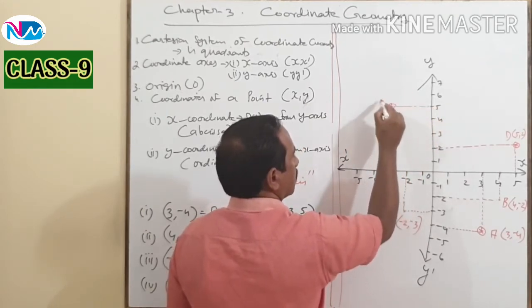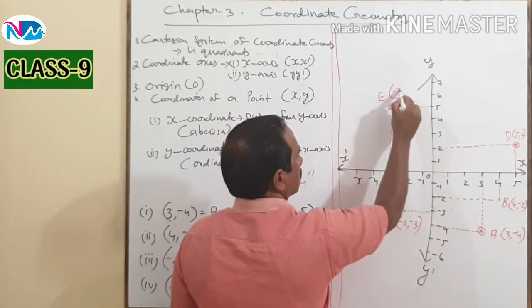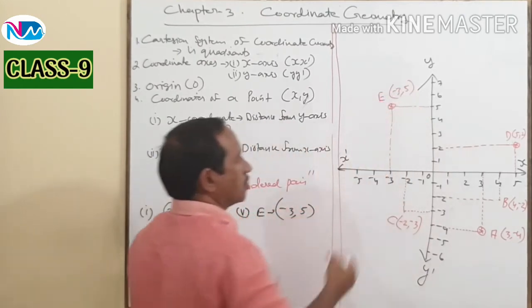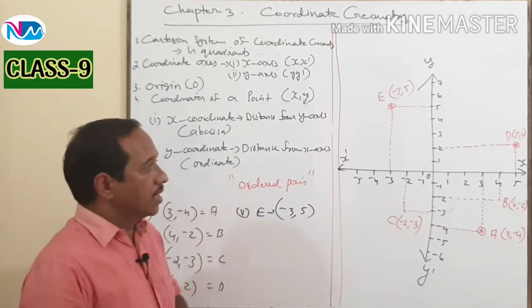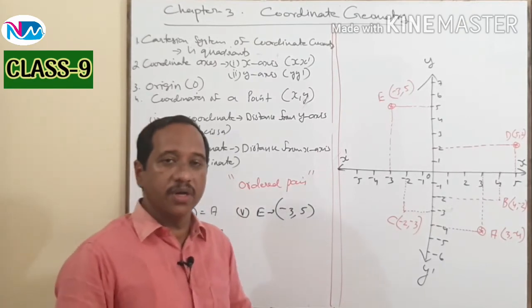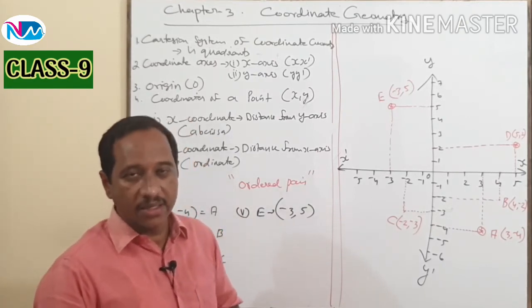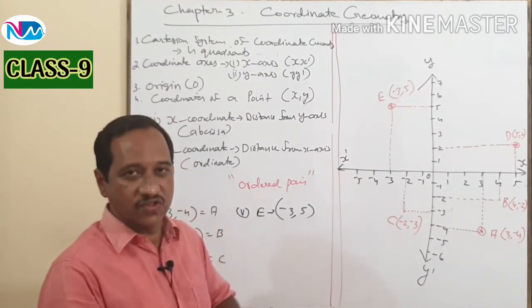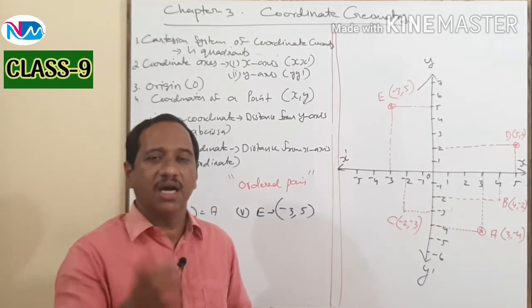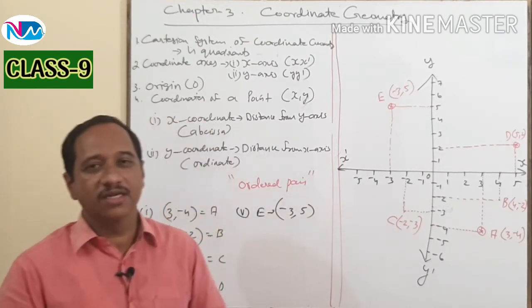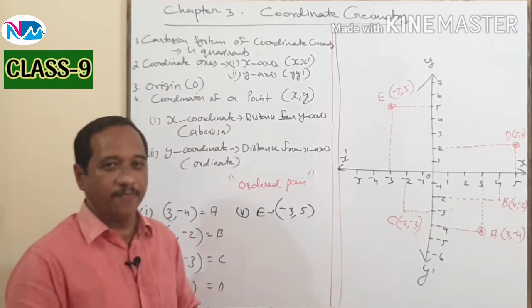So this is the point E whose x-coordinate is -3 and y-coordinate is 5. So in this way we can plot different points in a Cartesian plane if the coordinates are given. The coordinates of a point are the address of a point in the Cartesian system of coordinate geometry.